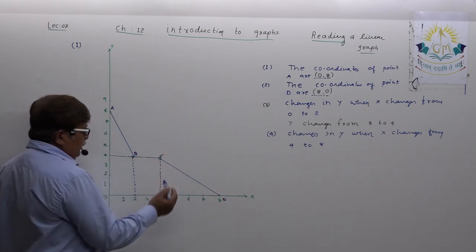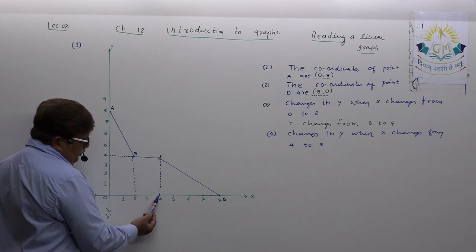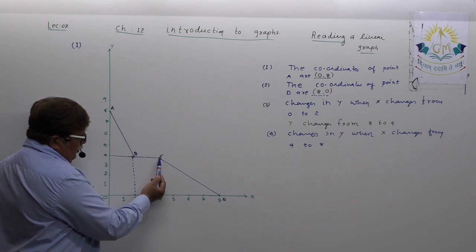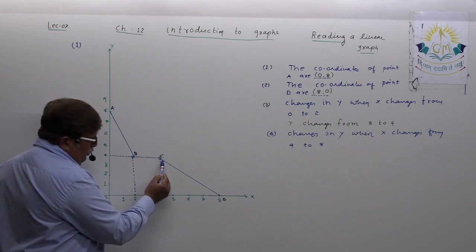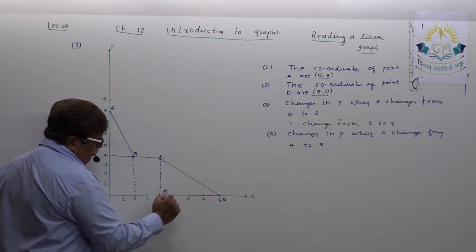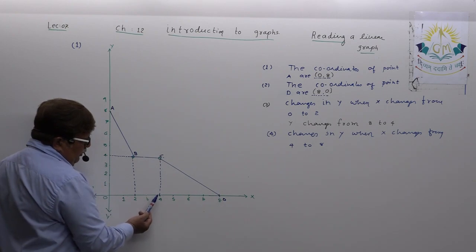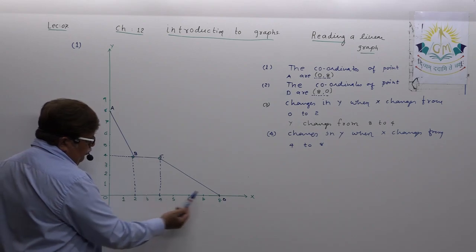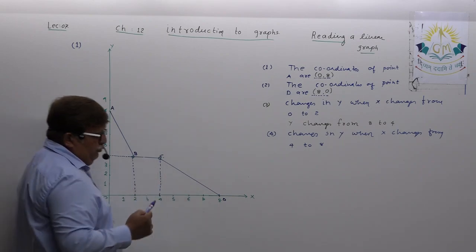Two values of x. One is 4, one is 8. When the value of x is 4, the value of y is also 4. Now you can see the sloping down. When the value of x is 8, the value of y is obviously 0. So when x changes from 4 to 8, y changes from 4 to 0.